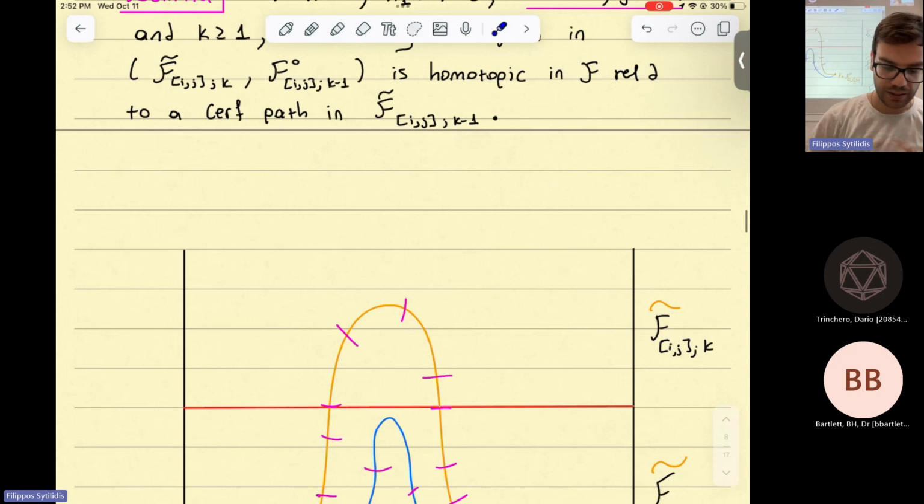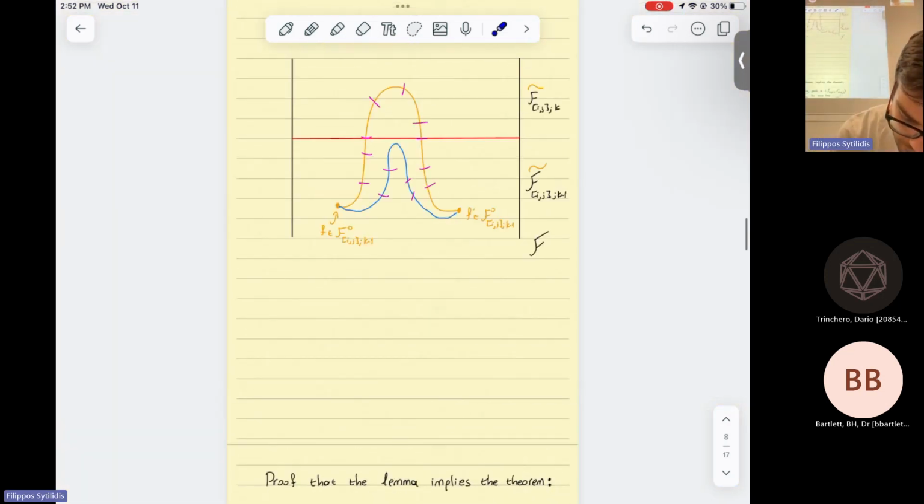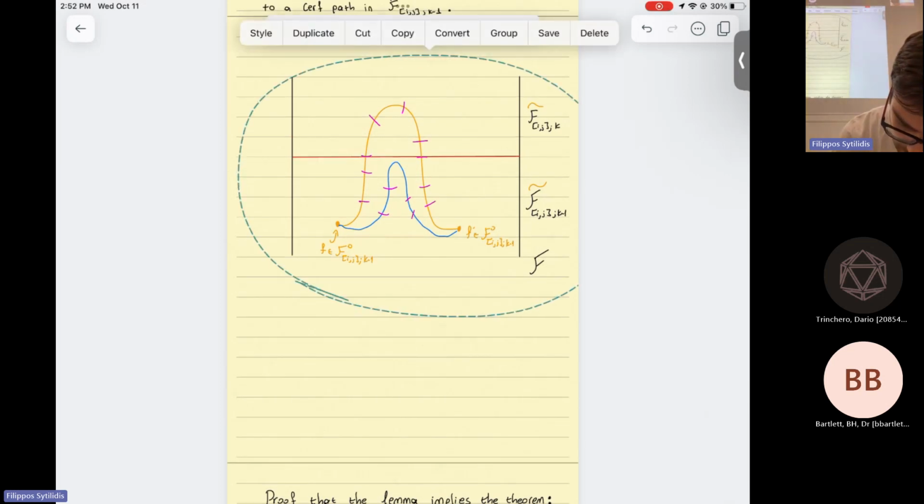I want to use that lemma to write down a very similar picture.